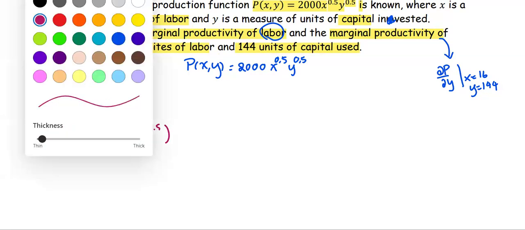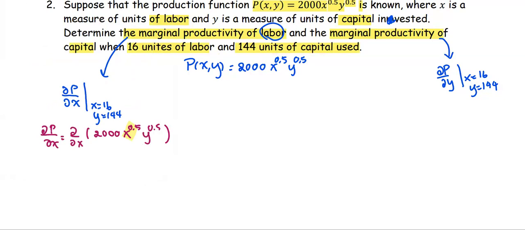This is just the power function in general. So 2000 is the constant multiple, and y to the 0.5 is treated as a constant. The derivative of x to the power 0.5 using the power rule is 0.5 times x to the negative 0.5.